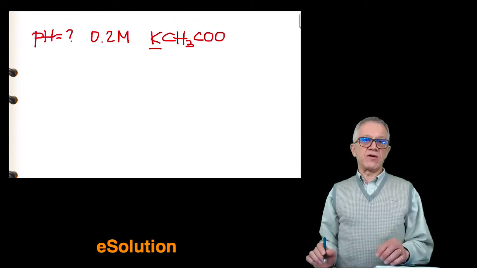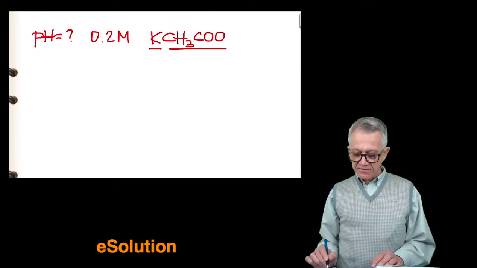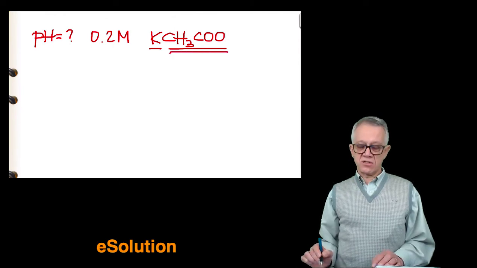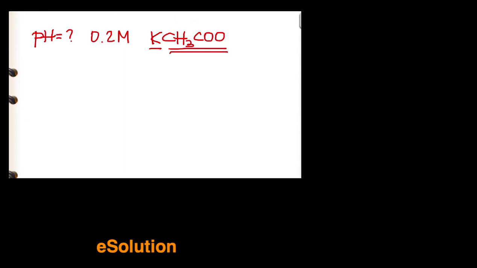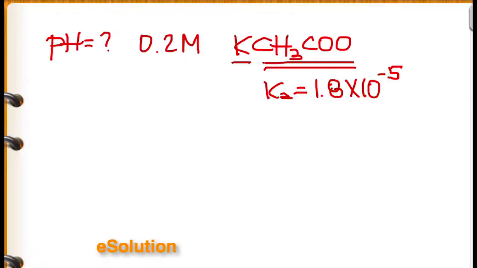So first of all, we have to go to the table and get the Ka for acetic acid, which is normally 1.8 × 10^-5. And the first thing we have to do is to write this equation here.